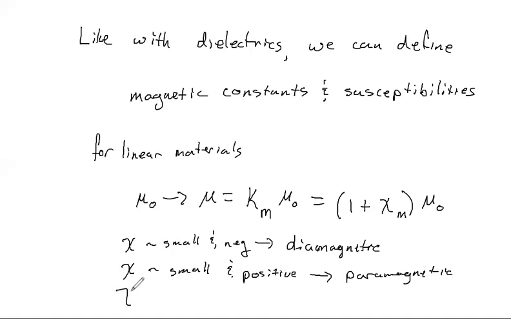And if chi is huge, roughly 100, then this would be ferromagnetic. When you calculate this for ferromagnetism, at first cut you actually get a diverging result, which you have to interpret as meaning huge, not really infinite.